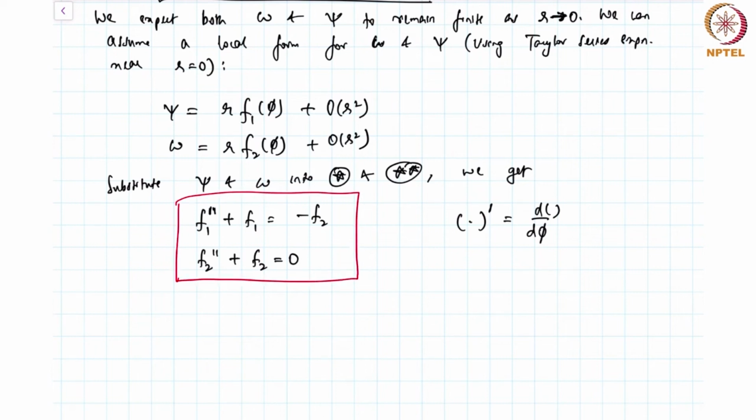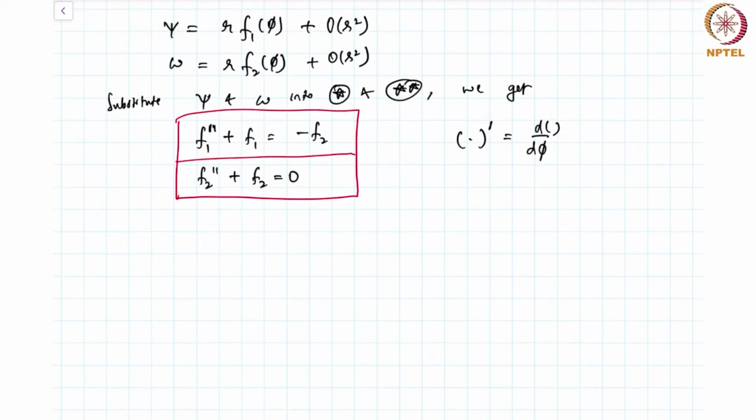If you look at the second equation, f2'' plus f2 is equal to 0, and this gives me solutions for f2 of φ, which will involve a1 sin φ plus b1 cos φ.